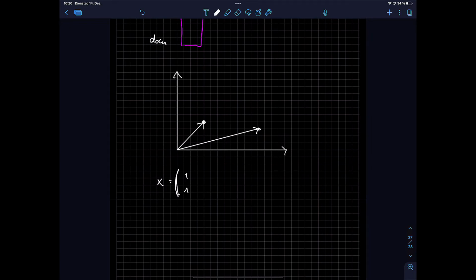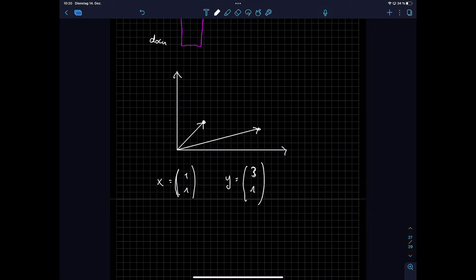So let's say the first vector is 1 and 1, and the second vector is, let's say, 3 and 1. Then if we want to find out if they are similar to each other, in the 2-dimensional space we can picture similarity as how close the points are to each other.